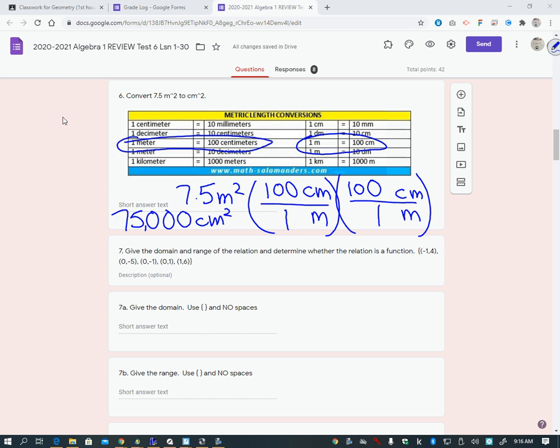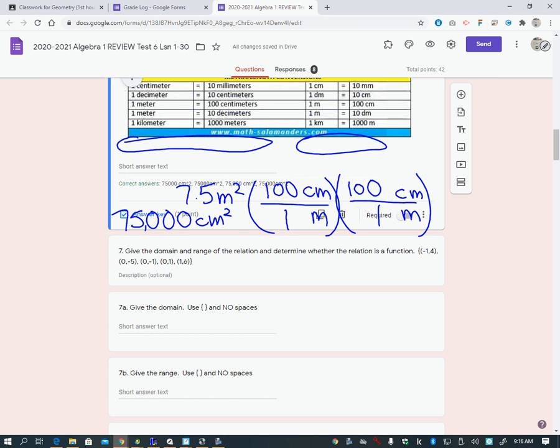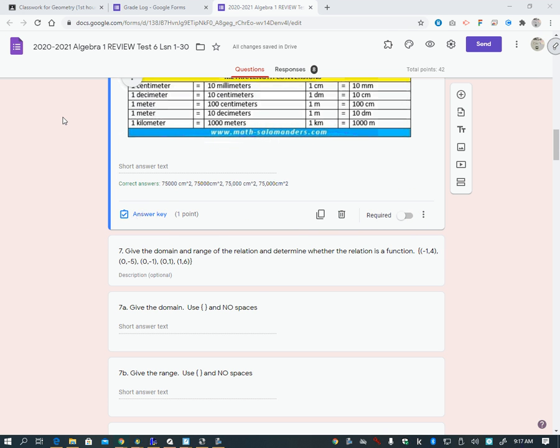I don't know how many of you got this wrong. Centimeters squared. Do I get points for this if I have 75,000 and no label? No. Did we understand the work that went with that?